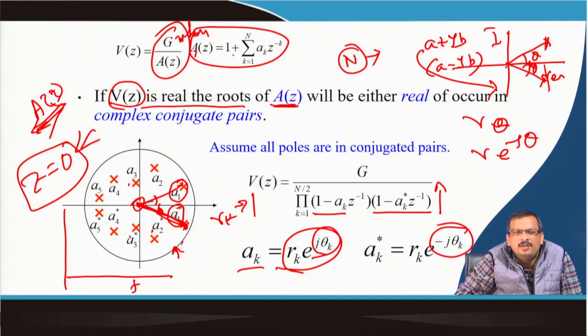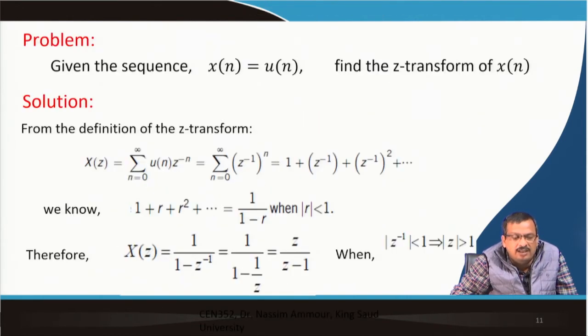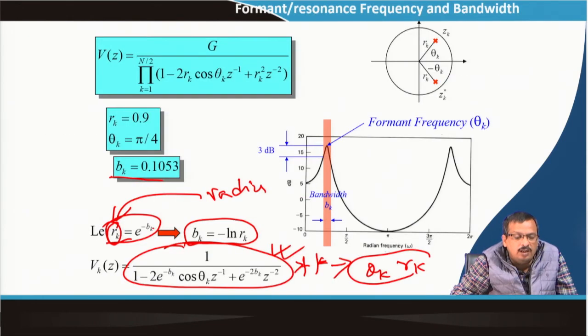So, this is the concept of poles and zeros, and that is why I have to do the Z transform. Let us take one example.